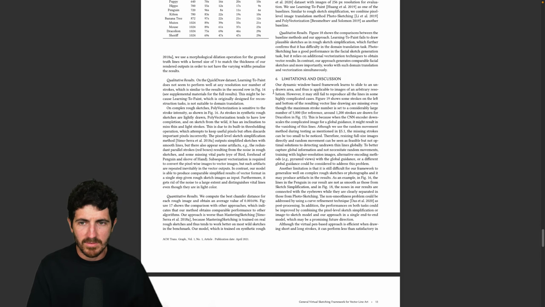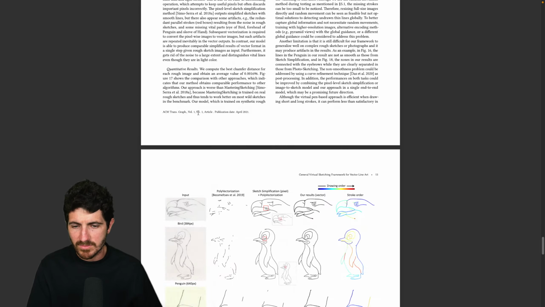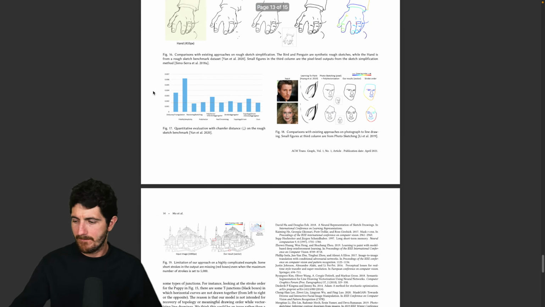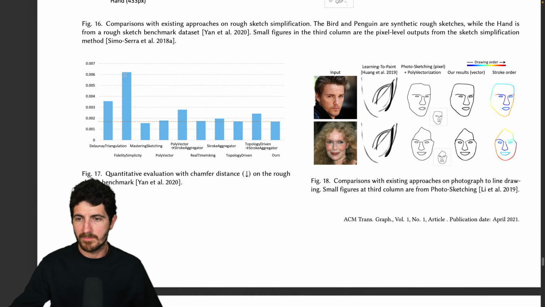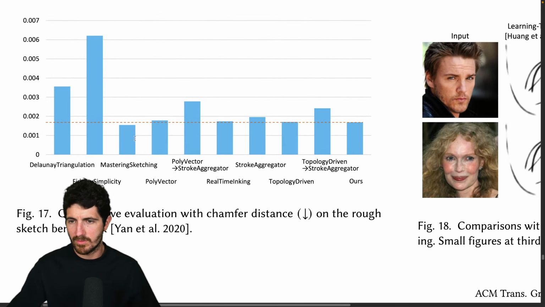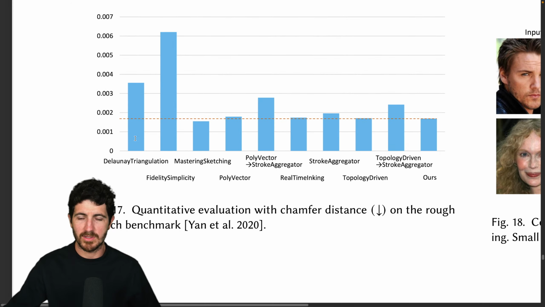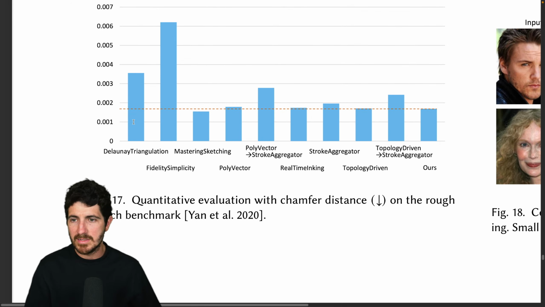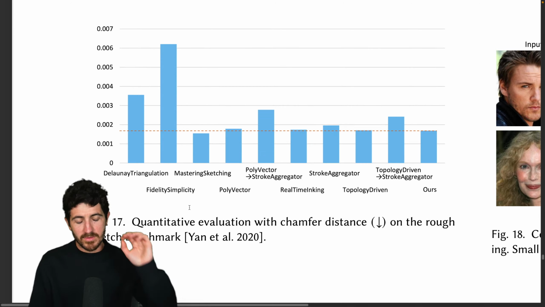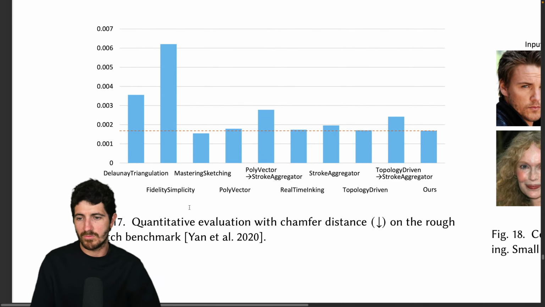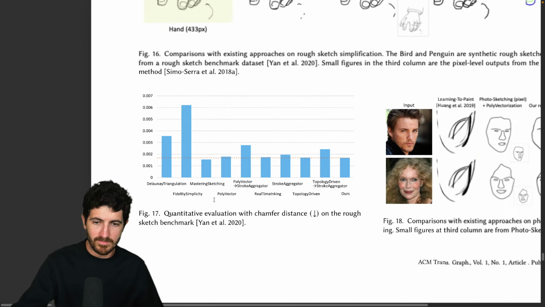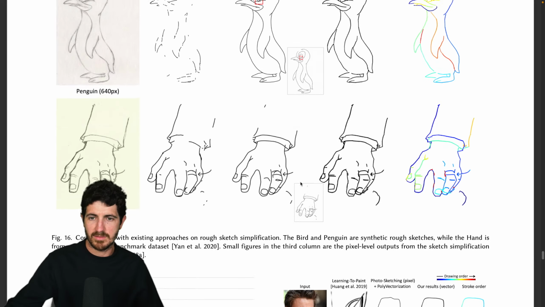And the limitations, qualitative results. Here we can see other frameworks that try to do the same. This is quantitative evaluation with chamfer distance on the rough sketch benchmark. Jan et al.